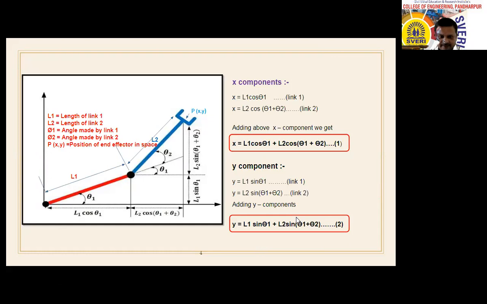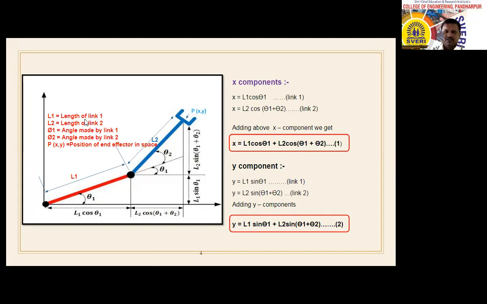Now we say this is the 2 degree of freedom. Means what? Why is it called 2 degree of freedom? Because two angles are required to define the position of this robot arm, theta 1 and theta 2.